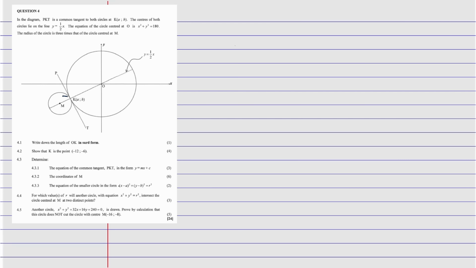So now let's do 4.4. It says, for which values of r will another circle with the equation x squared plus y squared equals r squared intersect the circle with center M at two distinct points? When is that going to happen?